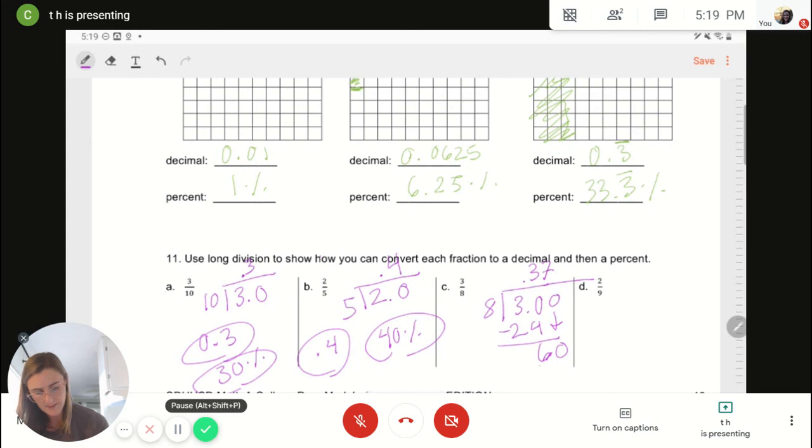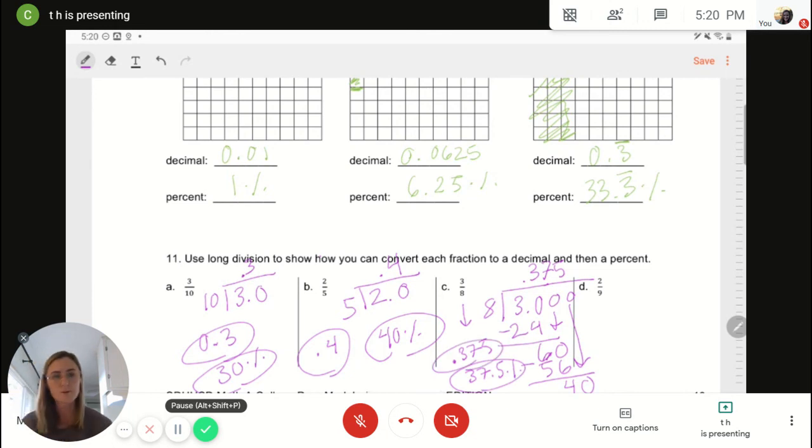I know 8 times 7 is 56. And, okay, good. I know 8 goes into 40 5 times. So as a decimal, 3 divided by 8 will be 0.375. And as a percent, 37.5%, which is a little bit less than 50%.